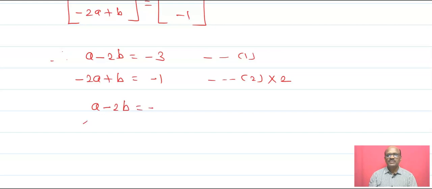Therefore, a minus 2b is equal to minus 3 and minus 4a plus 2b is equal to minus 2. We will add these two equations. Now we will write that is equation number 3.